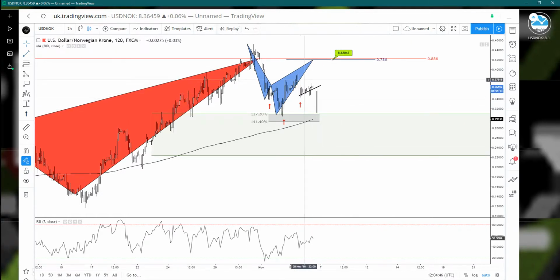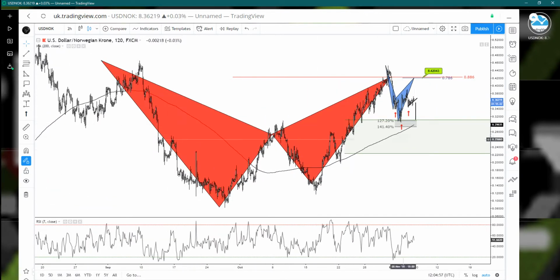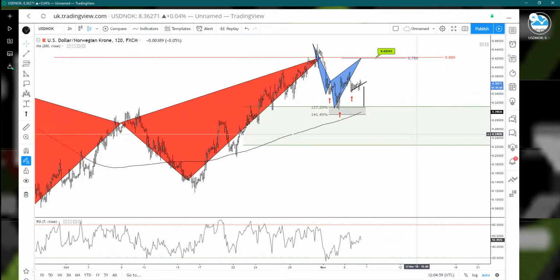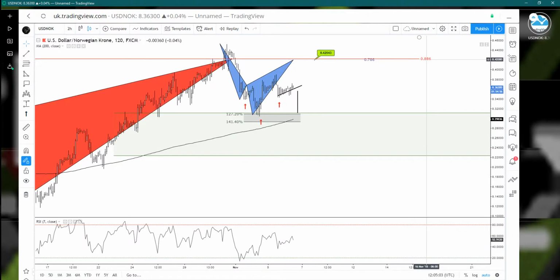Okay, I'm just saying if the market decides to retest those highs, it will print the cipher at the completion point for this major bearish bat pattern at 88% retracement.